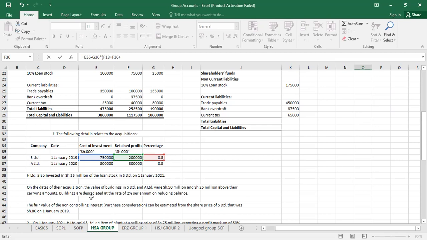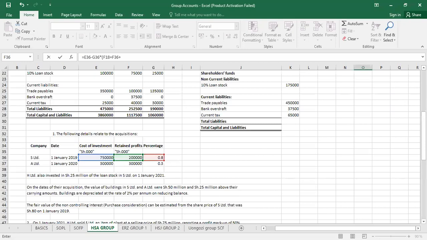Buildings are depreciated at the rate of 2% per annum of reducing balance. The main thing we are looking at here is S Limited. So it was 50 million above the book value, so we also add the 50 million.